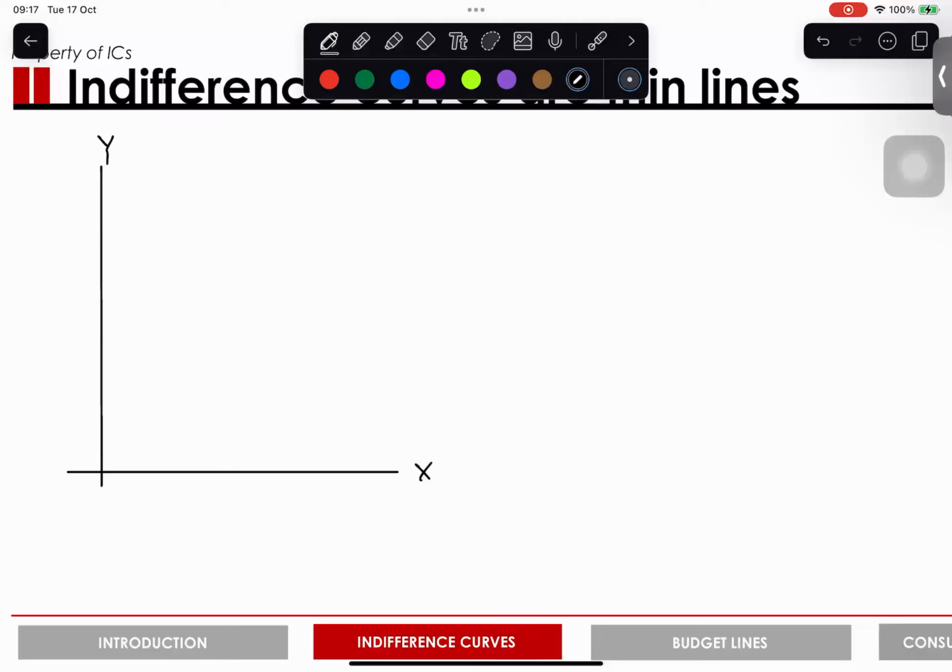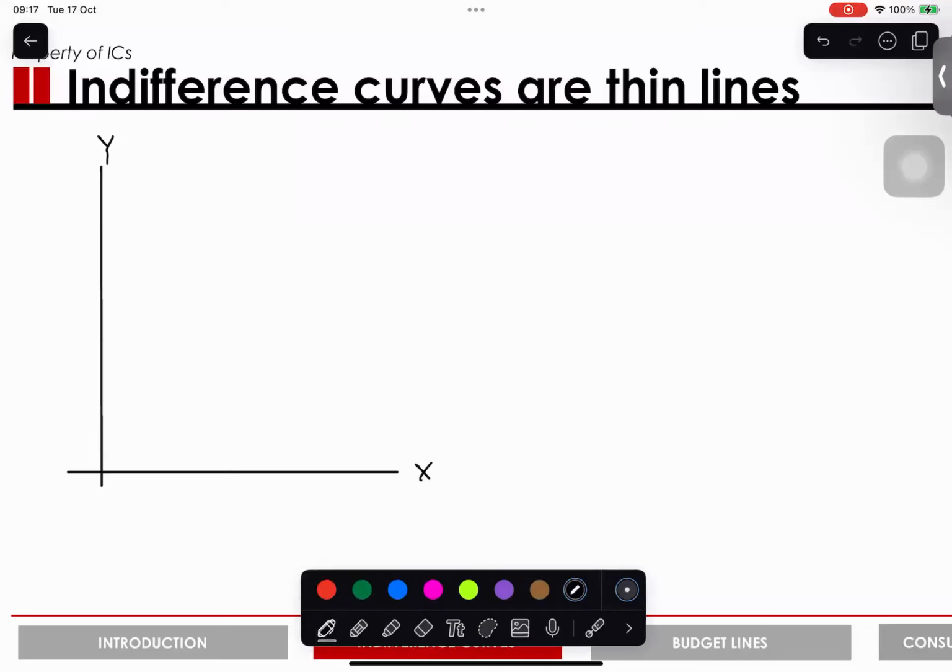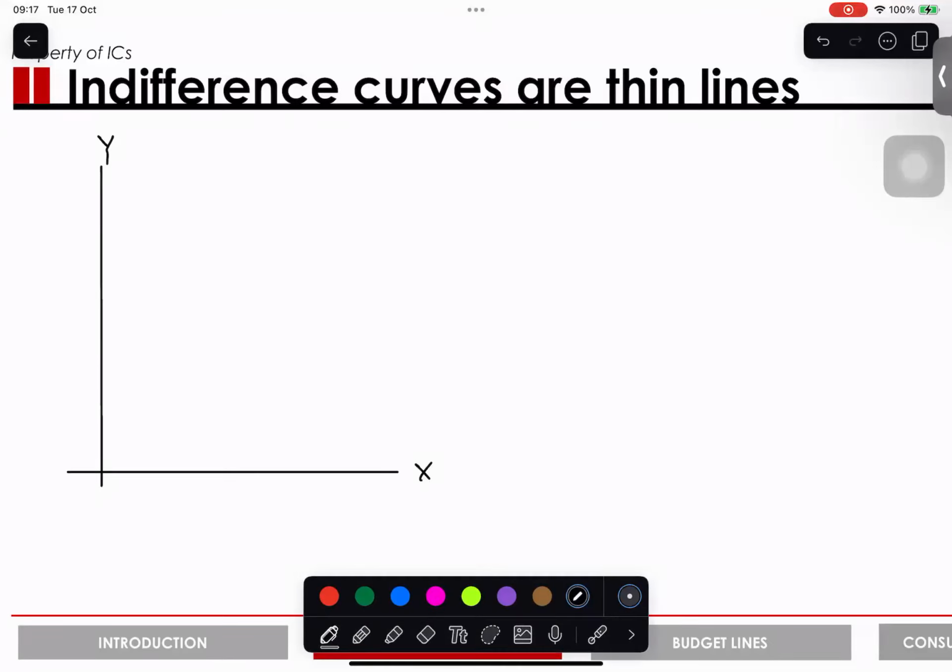In the two goods example, good X and good Y, this property says indifferent curves are thin lines. So we want to prove by contradiction. What does that mean? Let's challenge this statement.